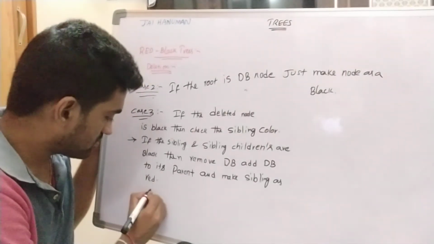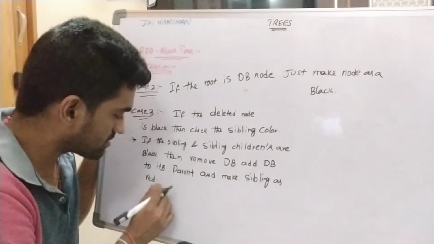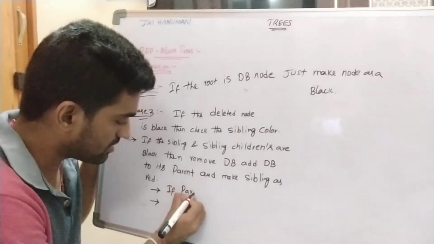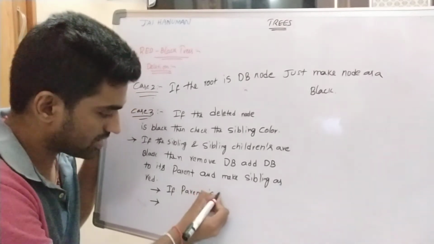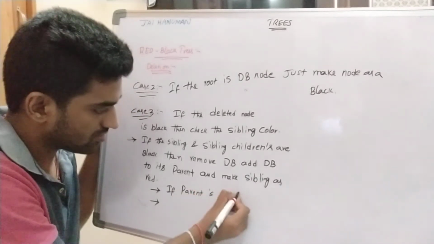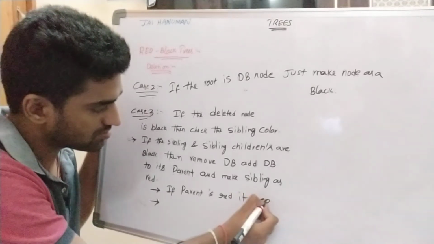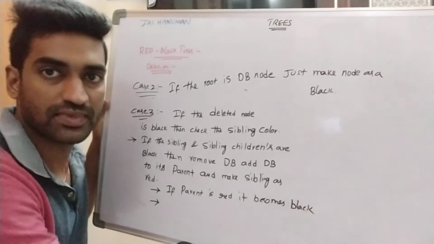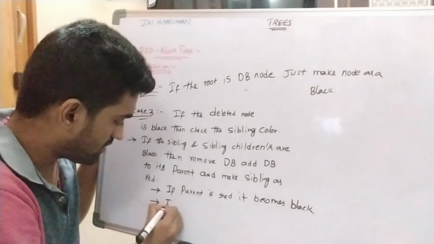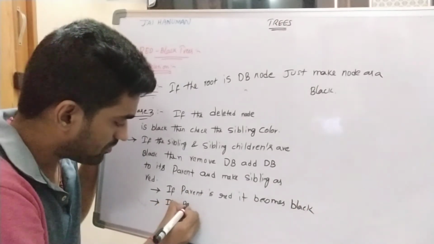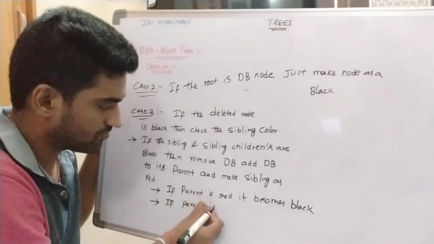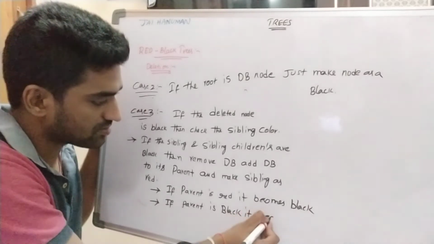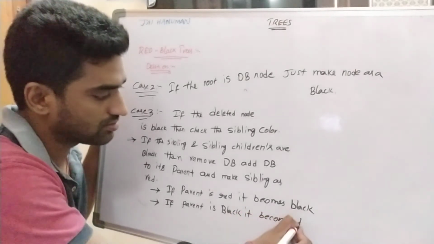So here there are other sub cases in this one. If the parent is red, it becomes black. If the parent is black, it becomes double black.